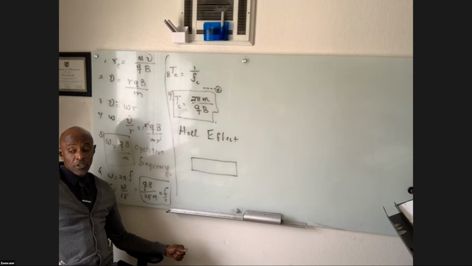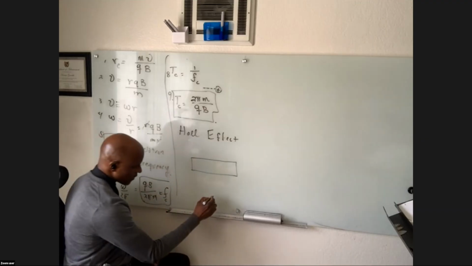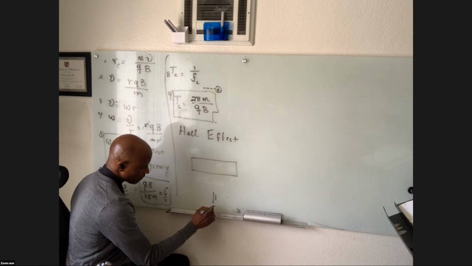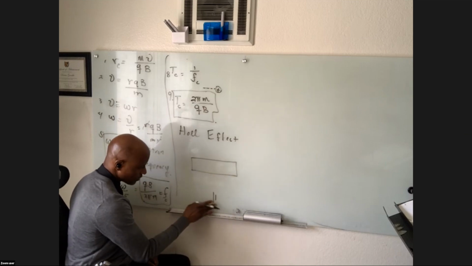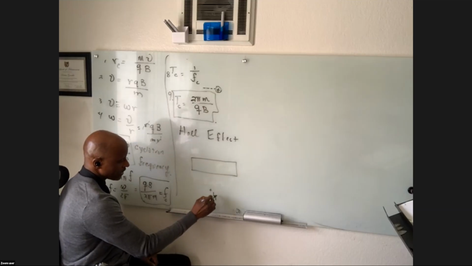So if we apply a voltage to it, we can cause current in the object. Let me attach this thing to a battery. I'm going to have a battery right here, and let's do the EMF associated with the battery, positive and negative.